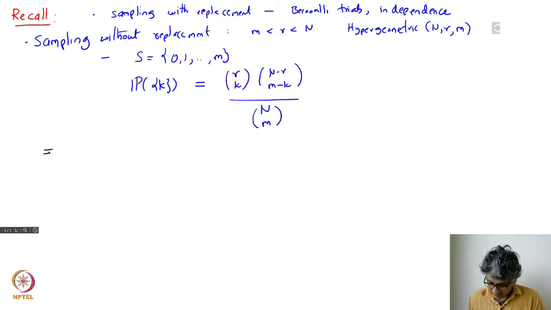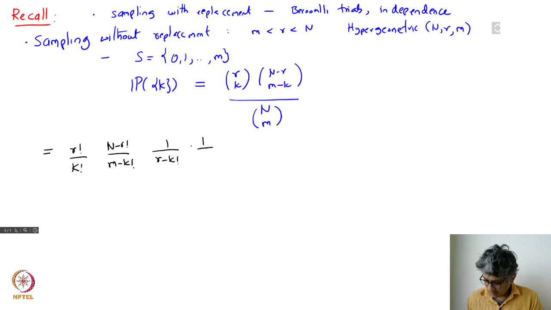This formula is equal to R factorial by k factorial, then you have N minus R factorial by N minus k factorial, and then you have two more factors: an R minus k factorial for the first one, and then a 1 over N minus R minus (m minus k) factorial. And the whole thing divided by N factorial, m factorial, and N minus m factorial.